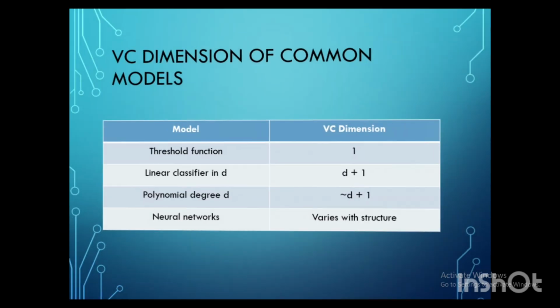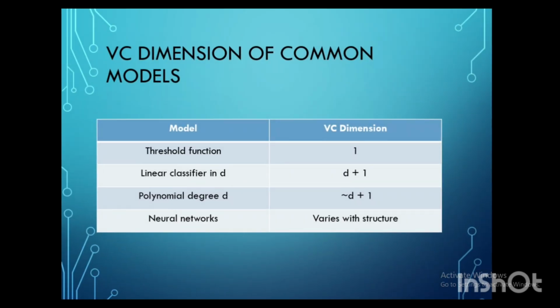Let's go with my eighth slide, which is VC dimension of common models. Here, I have shown using a table how models and VC dimensions are related. Here, the linear classification in D dimensions has VC dimension D plus 1. If you can see the threshold function, which is the first, in VC dimension.